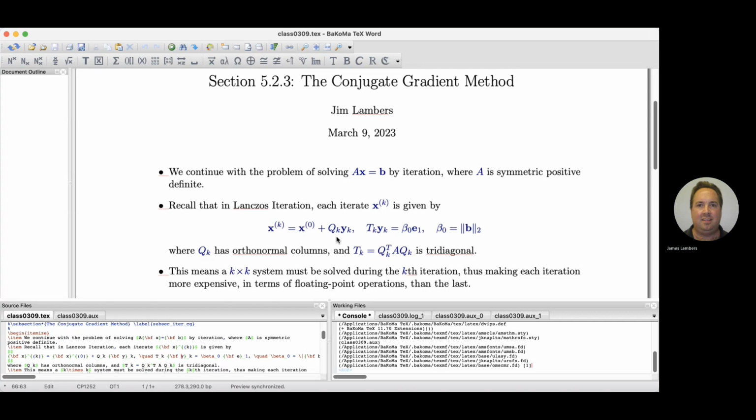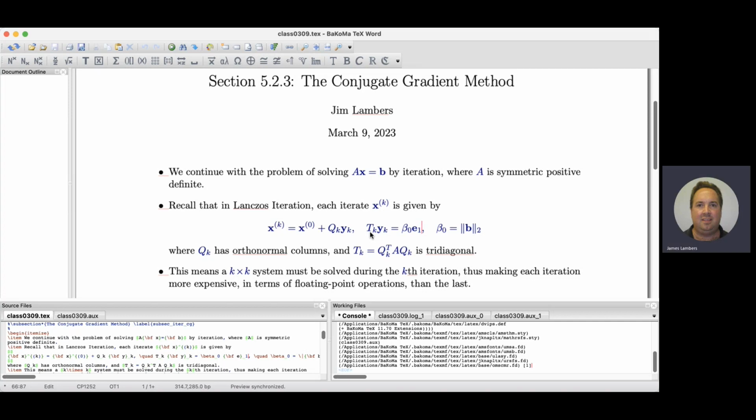And the reason why that's a bad thing is that to compute each of these iterates, we're solving this system of equations, where the matrix Tk is k by k. That means the matrix is getting bigger and bigger with each iteration, so each iteration is significantly more computationally intensive than the last. And we don't want that.